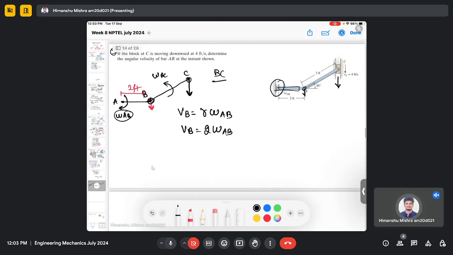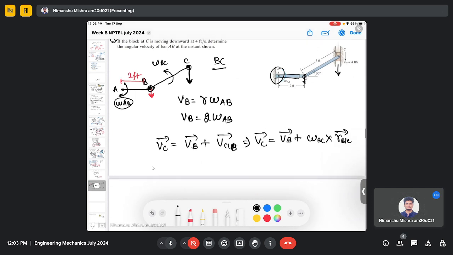So here also we can write the relative velocity expression as Vc equals Vb plus the relative velocity of Vc with respect to B. So this can be written as Vc equals Vb plus omega BC cross R BC, right?